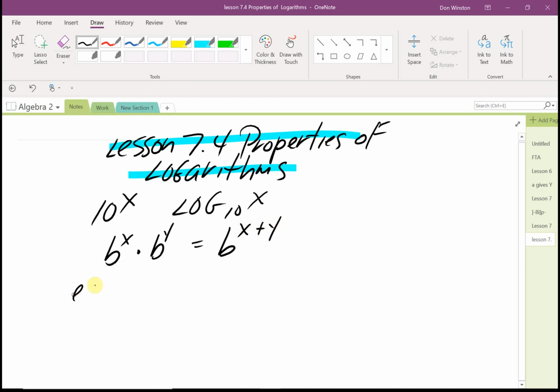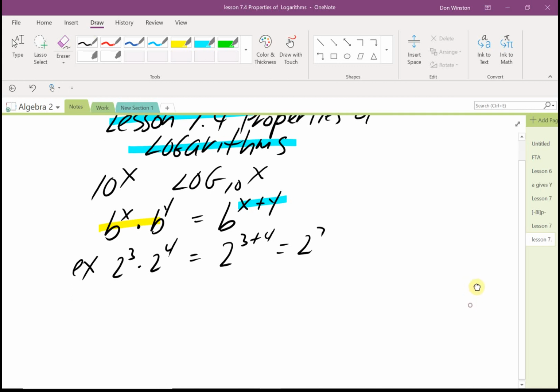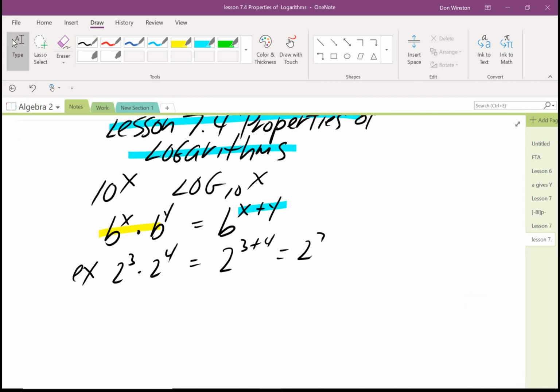So for example, 2 to the third times 2 to the fourth would equal 2 to the 3 plus 4, which would equal 2 to the 7th. So notice though here, multiplication of powers involves addition of exponents. And you'll see logarithms kind of work the same way, except it's just a tad different.